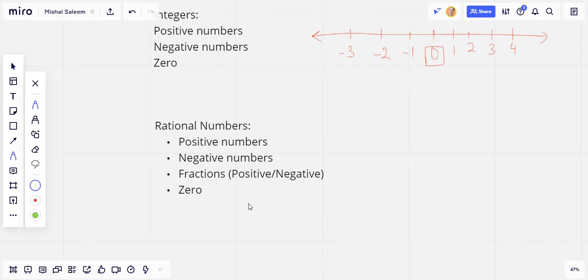So let me just write some examples. Now, fractions also mean decimal numbers. I do not consider fractions and decimals separate things. I haven't written decimal numbers in here, but decimals are also rational. Why?